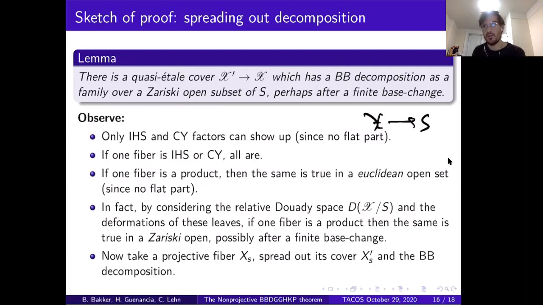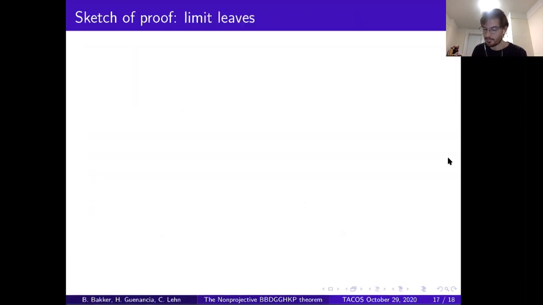Okay, so that's pretty good news, especially because, again, using the Douady space, which is proper over S, it now makes sense to take the limit of the leaves that show up in the product decomposition over that Zariski open set. And so the main remaining problem is to understand that the limits of those leaves give you a product structure on the special fiber.